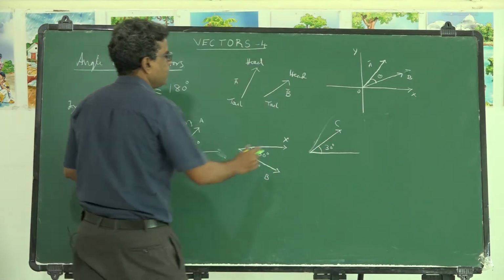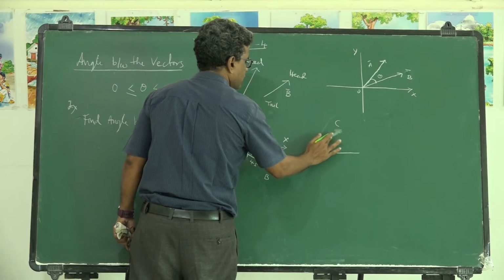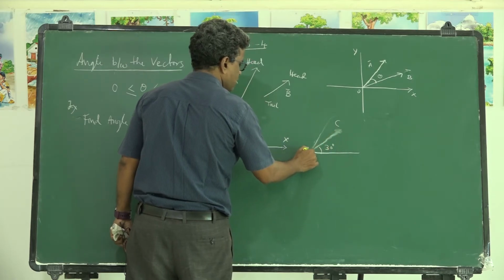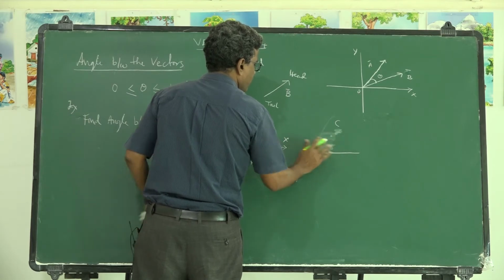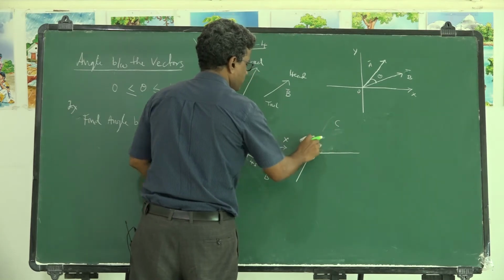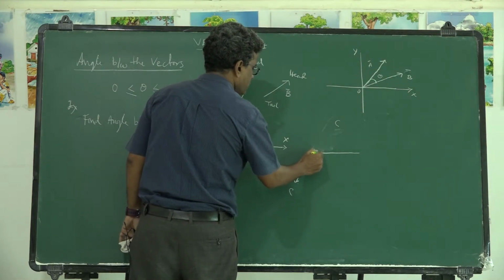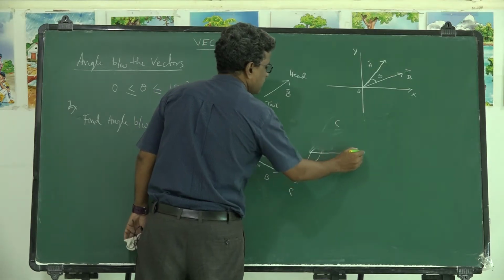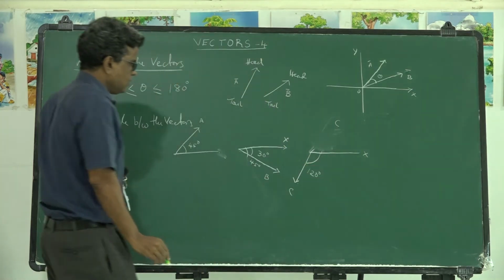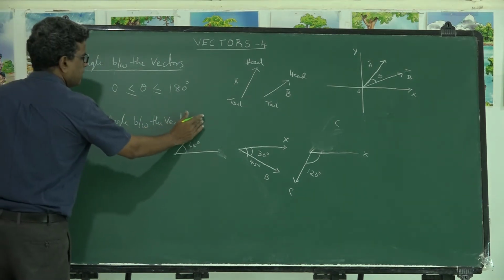Now, I will change this one: let the C vector be 120 degrees with the x-axis. Now, find the angle between the vectors.